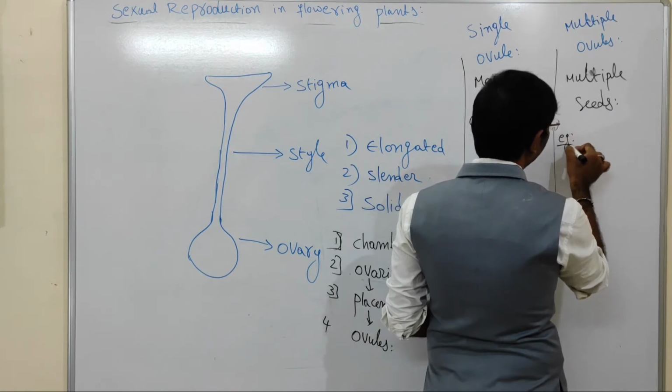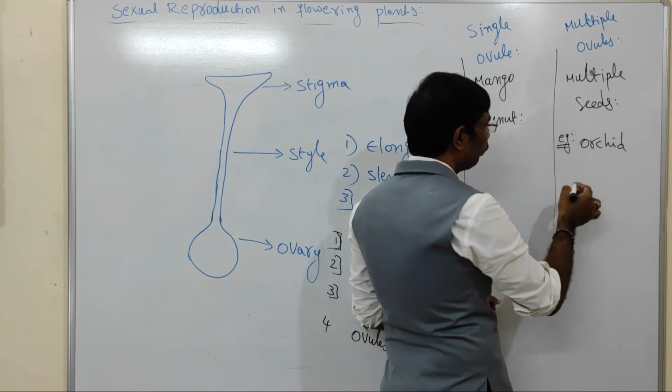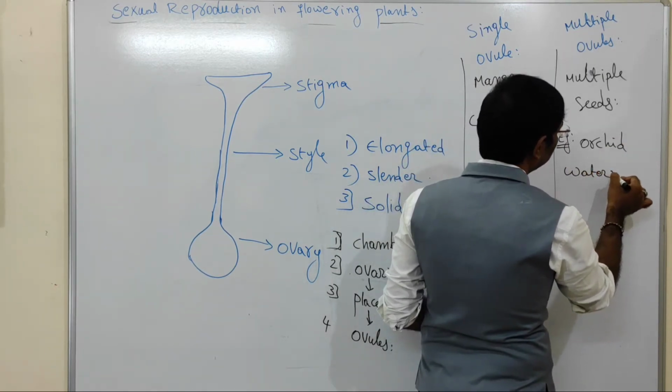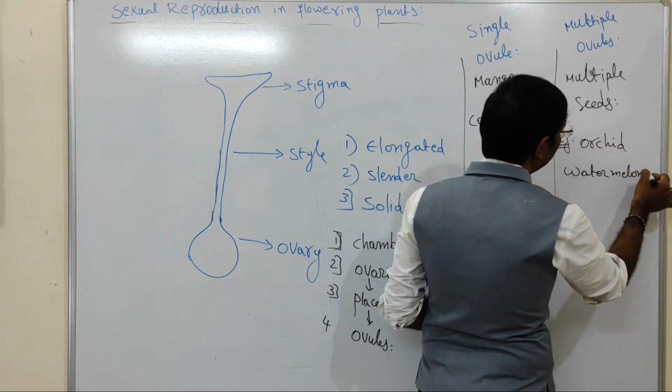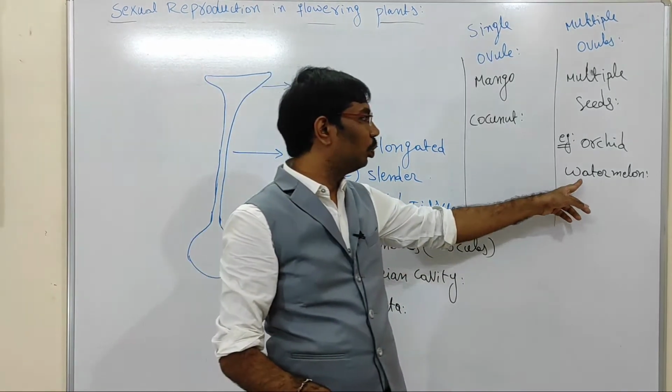Examples are orchid and watermelon. So many fruits you can observe in our environment are multi-seeded. Oranges, lemons, all these fruits contain more than one seed.